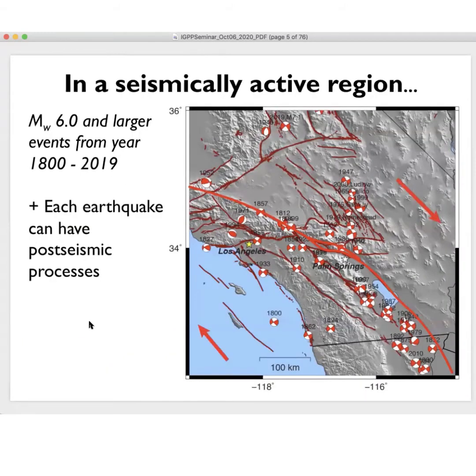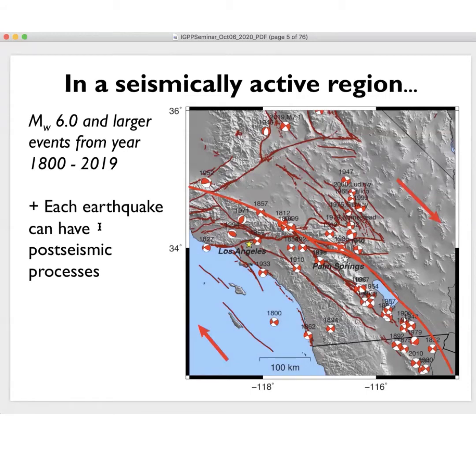So that's just for one earthquake, but when we actually look at an area like Southern California that has many earthquakes occurring over time, you start to ask the question of, what does post-seismic look like for each of these events? How is it different? Because each earthquake can have its own post-seismic processes.